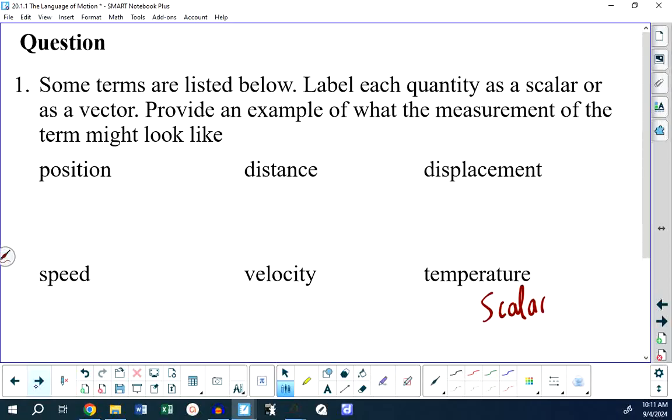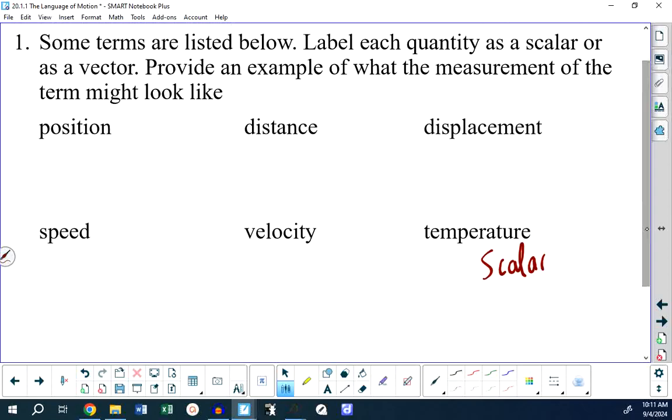The negative isn't a direction. If I say the temperature outside is negative 10 degrees Celsius, imagine I said it's negative 10 degrees Celsius east. You'd look at me and wonder if I'm okay, because there's no direction associated with temperature. So it's a scalar. So a temperature might be negative 10 degrees Celsius, and that's the magnitude of the temperature in my example.